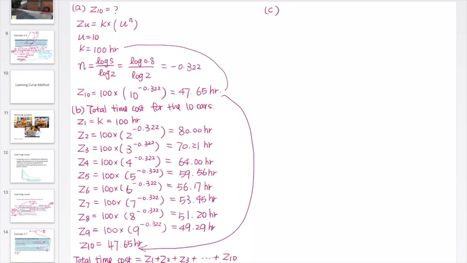Now, question C is asking what the average cost is. This is the average time cost to produce a car. So it's the total time cost over the number of cars, which is 10. The total time cost is 631.54, over 10.